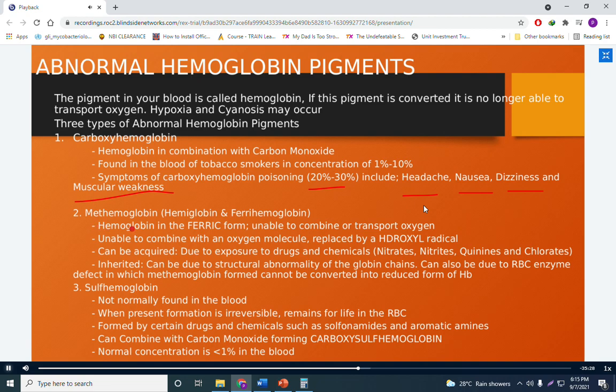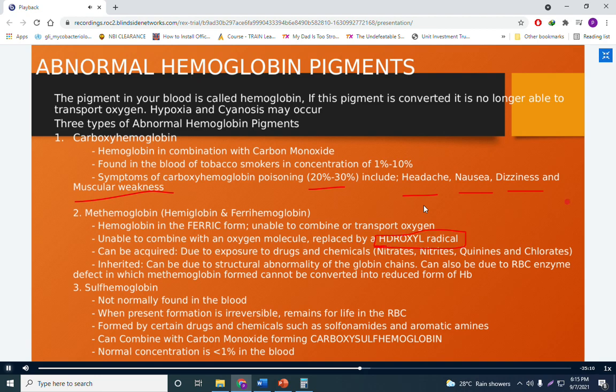And then we have your methemoglobin, also known as ferrihemoglobin. Now, hemoglobin in the ferric form is unable to combine with or transport oxygen. Since it is unable to combine with oxygen, it will be replaced by a hydroxyl radical.